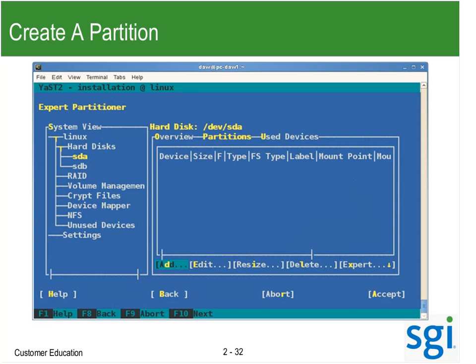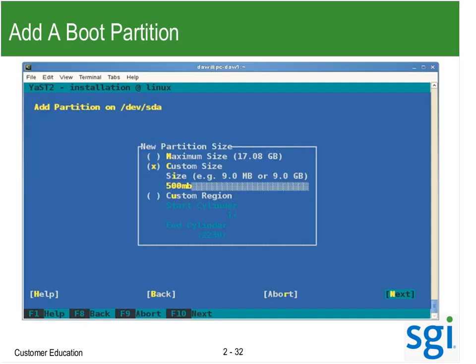So after I cleared it, I now have SDA empty. Now I've got A selected here. I've got A visible here. If I left arrow to overview, I'd be able to see the serial number. So I tab down to add, hit enter, and now I'm going to say, okay, give me a 500 meg, I'm going to do a FAT.